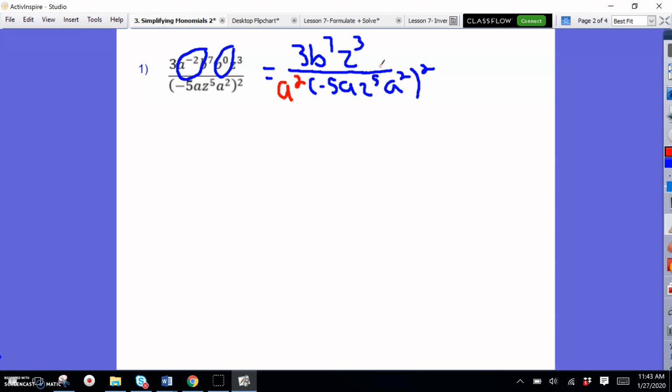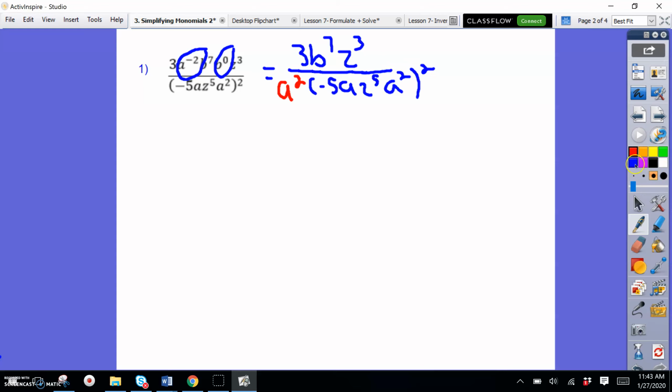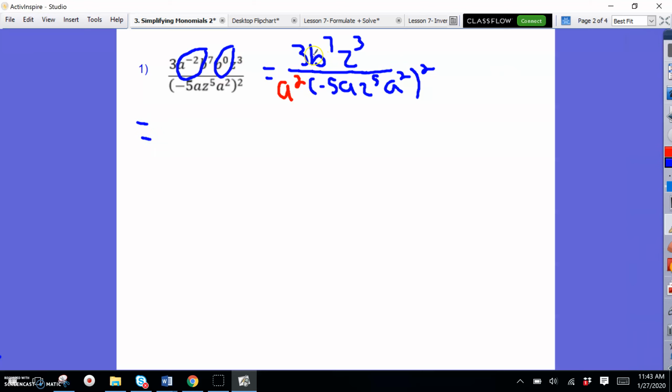Now that we have gotten rid of the negative exponents and the zero exponents, this is exactly the type of problem that we did last class. On my numerator, I have 3 times b to the 7th times z to the 3rd, which I can't really simplify any further. In our denominator, we can expand this long monomial, -5a z to the 5th a squared, multiplied by itself twice.